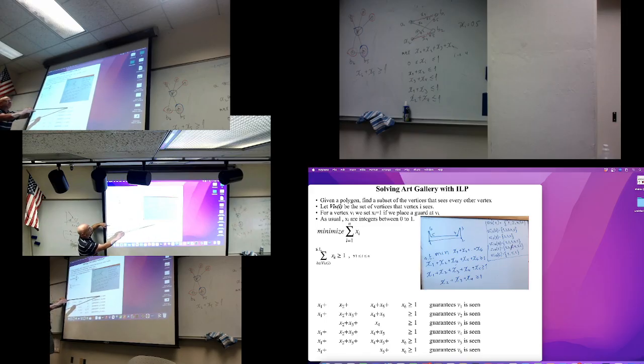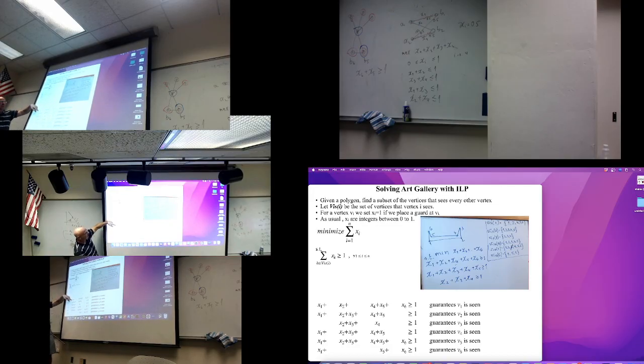I'll think about vertex 1, and I want to say, in order to guarantee that vertex 1 is seen, where can I place a guard so vertex 1 is seen? I must place a guard either in vertex 1 because it sees itself, or I must place a guard on 2, or on 4, on 5, or on 6.